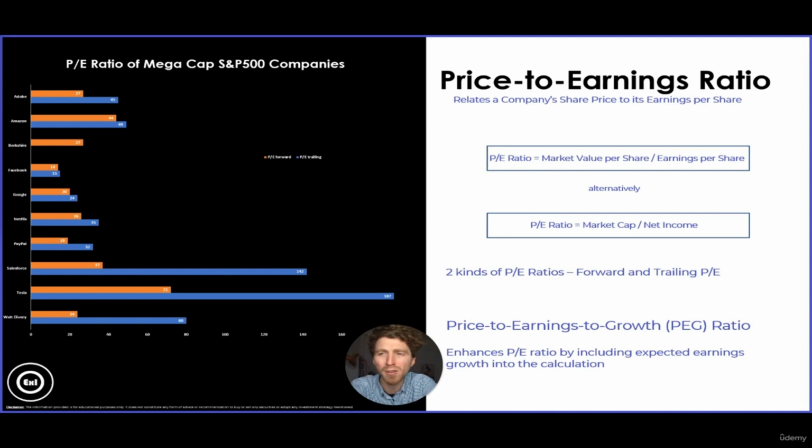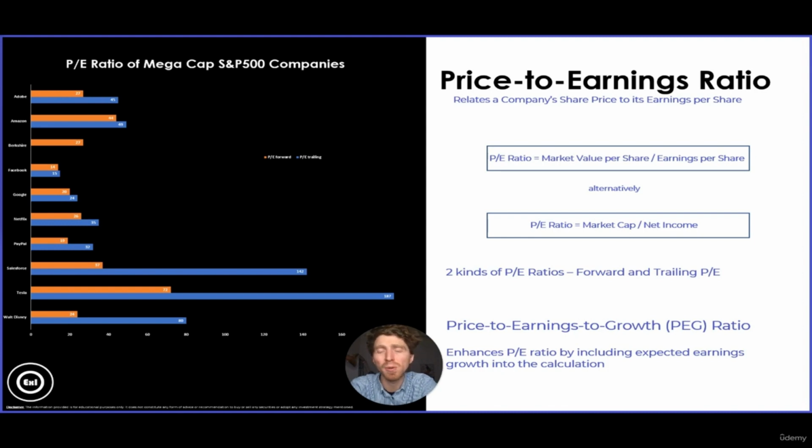Starting with Adobe on the top, you see that the trailing PE ratio is at 45 and the forward PE ratio is at 27. So analysts expect that the earnings of Adobe are going to increase and therefore decrease the forward PE ratio. Usually in the IT sector where Adobe is active, you have PE ratios from 20 to 30 maximum, I would say.